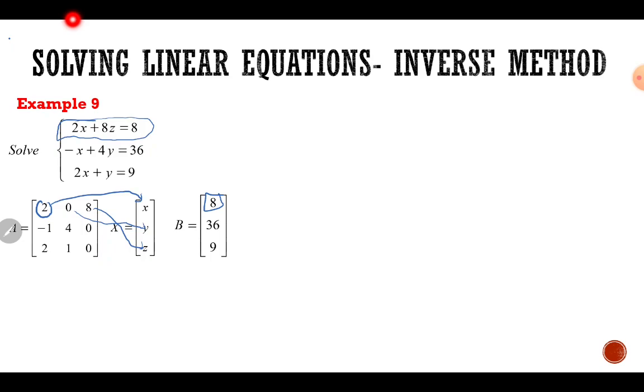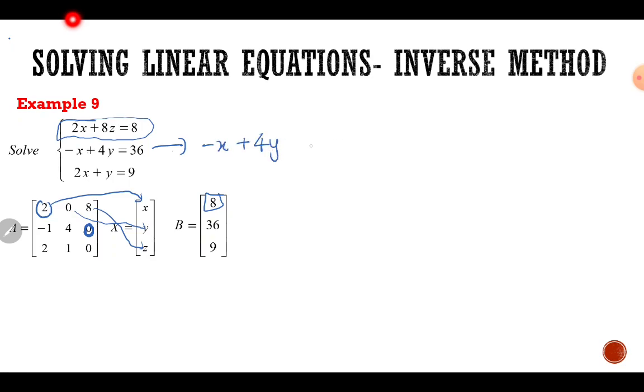And then we move to the second equation. We have negative x plus 4y. What is missing here? What is missing is z. So that's why here you can see the third column for the second row is 0, because we do not have z here. It is not there because our constant is 0.